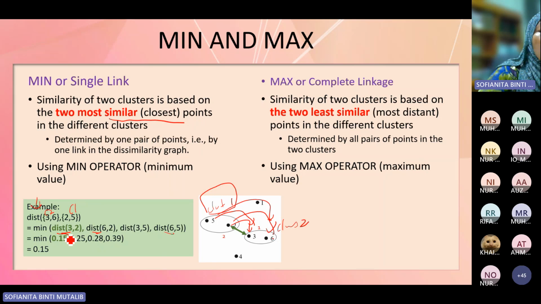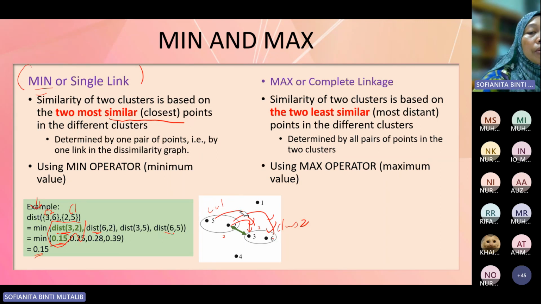Then the algorithm finds the closest distance and gives the output of 0.115. So based on the minimum function, the algorithm found the distance between cluster 1 and cluster 2 is 0.115.